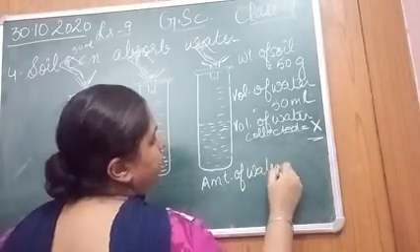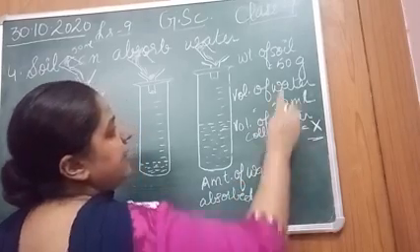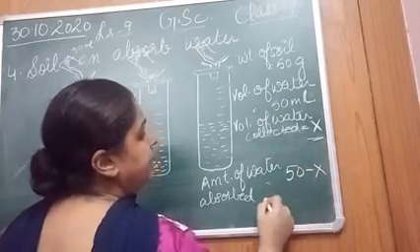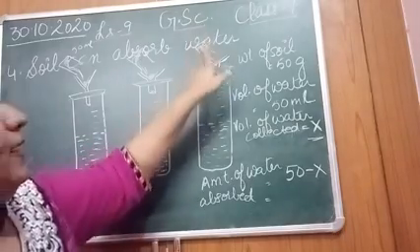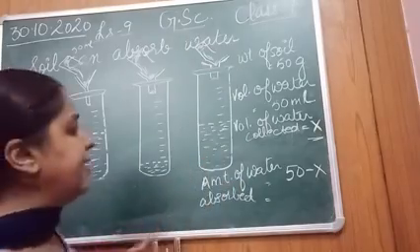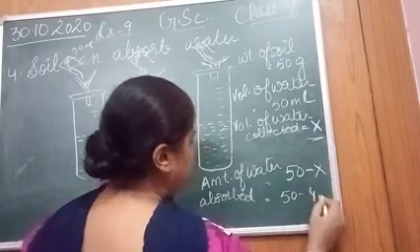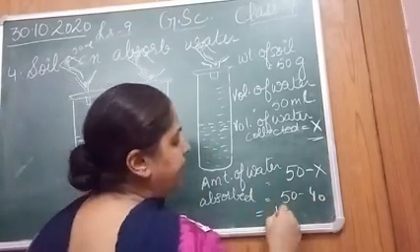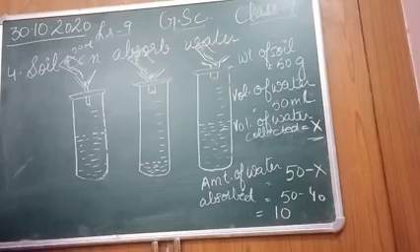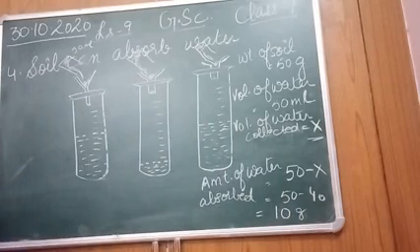How will you find? Based on this, the formula will be 50 minus x. Means the water you poured minus the water that got collected. Right? Suppose in the first case it was 50 minus 40. So what was the amount of water absorbed? 10 what? Gram. Right?